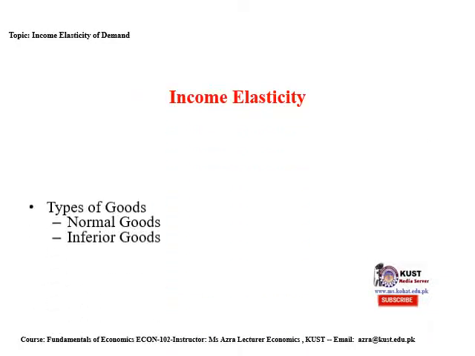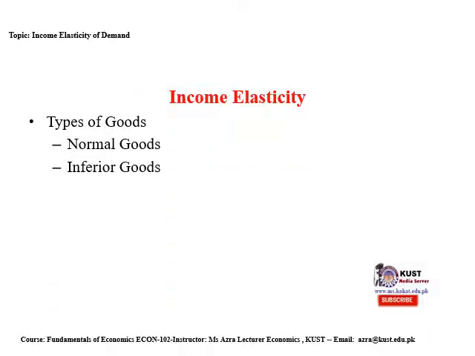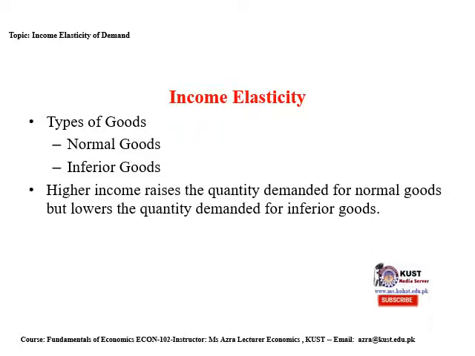Here is income elasticity again. We have two types of goods, normal goods as well as inferior goods. Along with these two types, we also have given goods. Here we will discuss only normal goods as well as inferior goods.